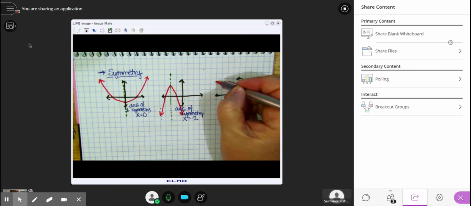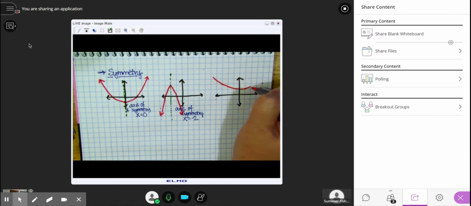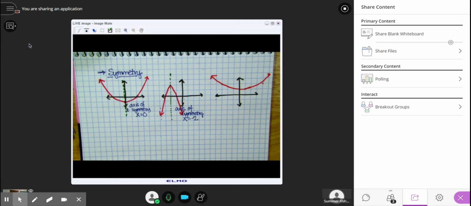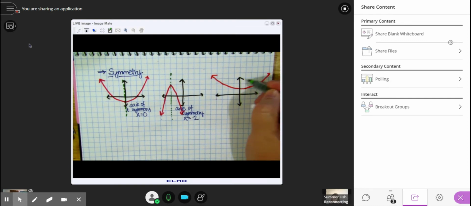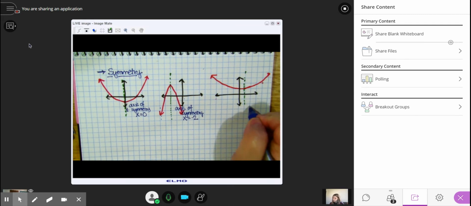It doesn't matter how I create this parabola. If it is a parabola, it will have an axis of symmetry. Well, it's not exactly where I wanted it, but that's okay. We got it.